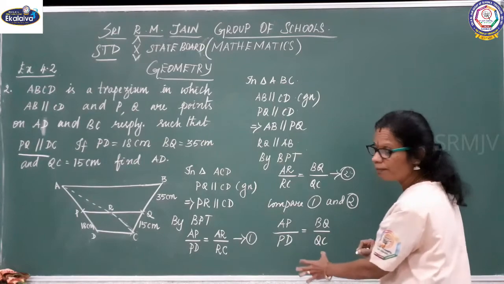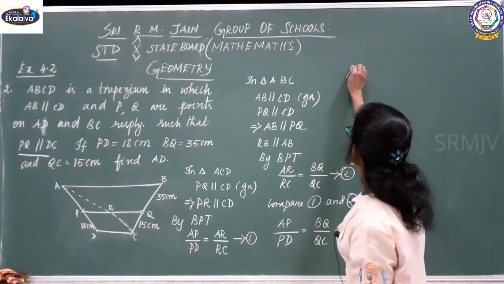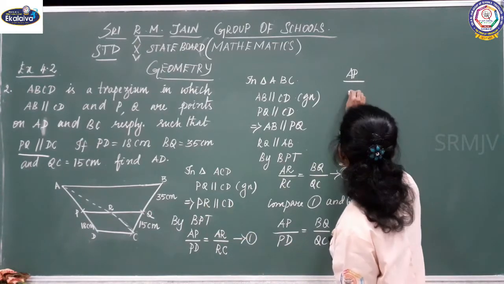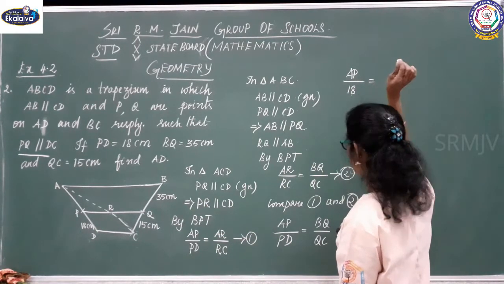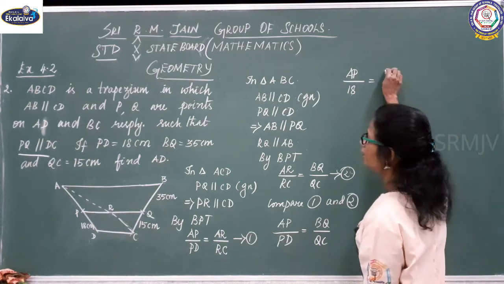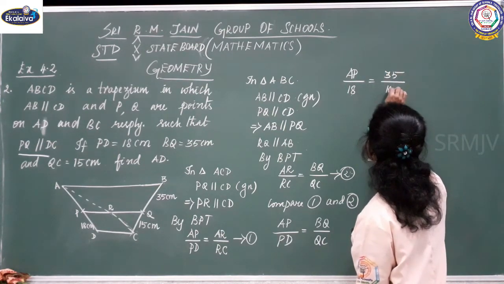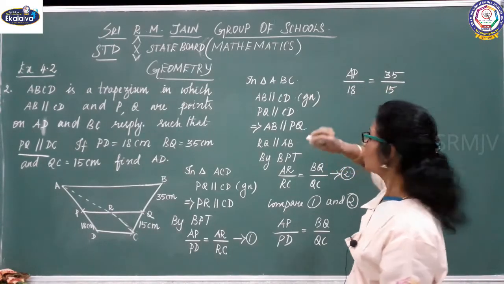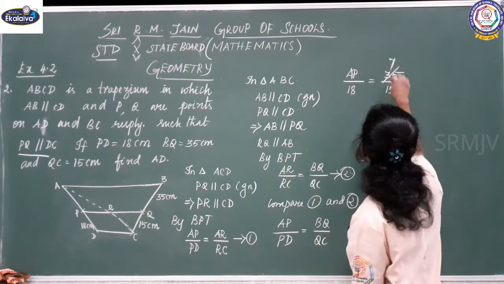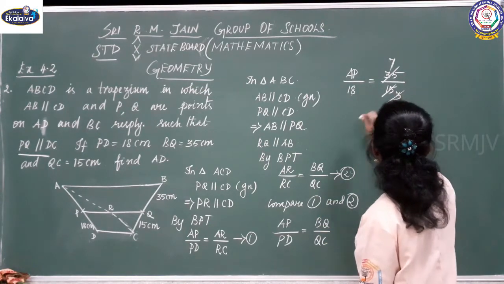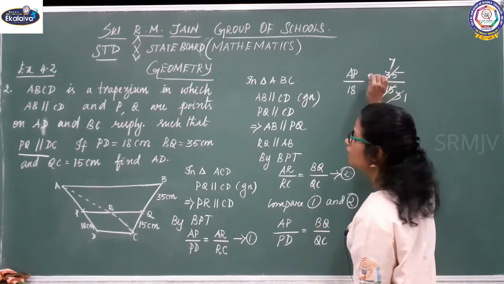Now you know the measurements. AP divided by 18 equals BQ divided by QC, which is 35 divided by 15. Five sevens are 35, five threes are 15. Then 7 by 3.